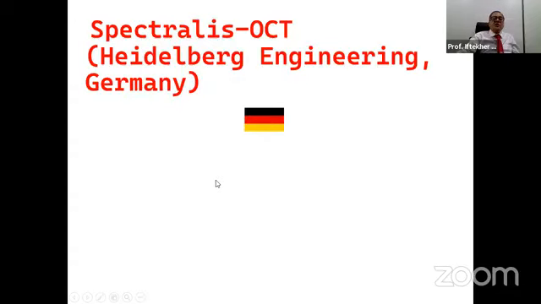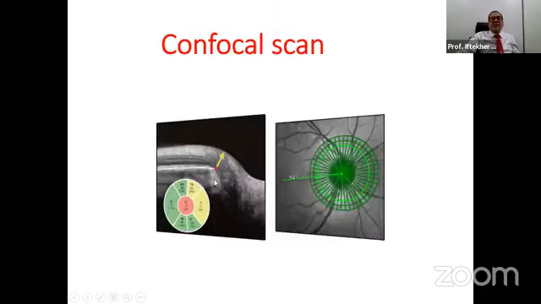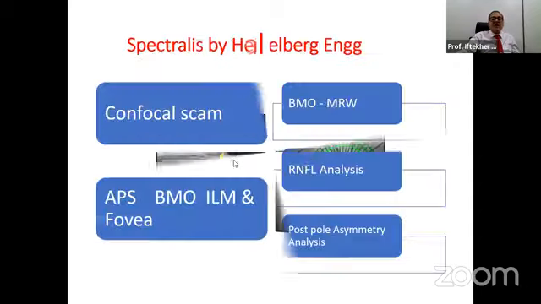Now the Spectralis OCT by Heidelberg Engineering. This is another very popular OCT machine from Germany. Here two types of laser are used during the scanning, one for eye movement detection and another for image taking. By confocal scanning in the Spectralis OCT, we can take good images.